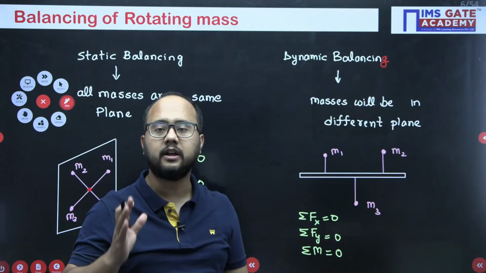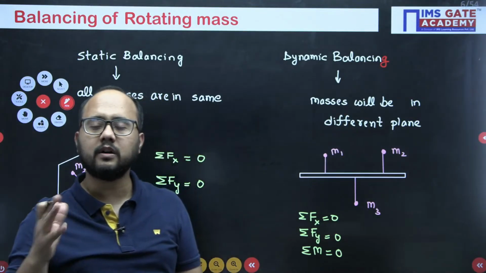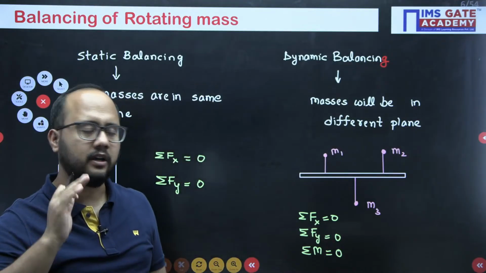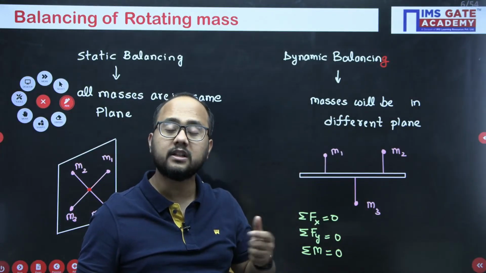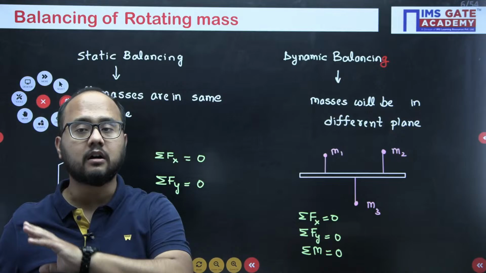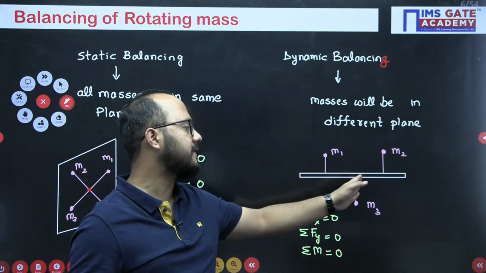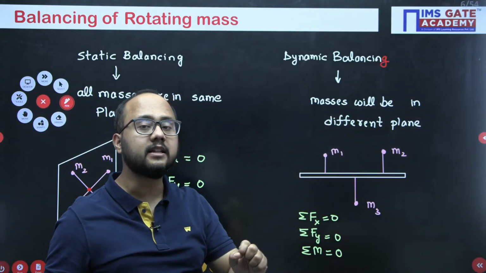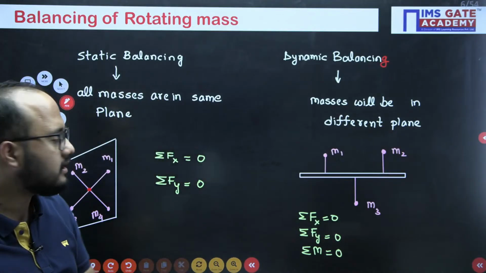You can take moment at any point, because for the entire system the moment value has to be 0. Whether I take moment here or here, anywhere I can take, because I need to ensure the moment equilibrium across the system. It should not be that only at this point the moment is in equilibrium while at another point some moment value is there. Moment equilibrium means across the system the net moment value will be 0.